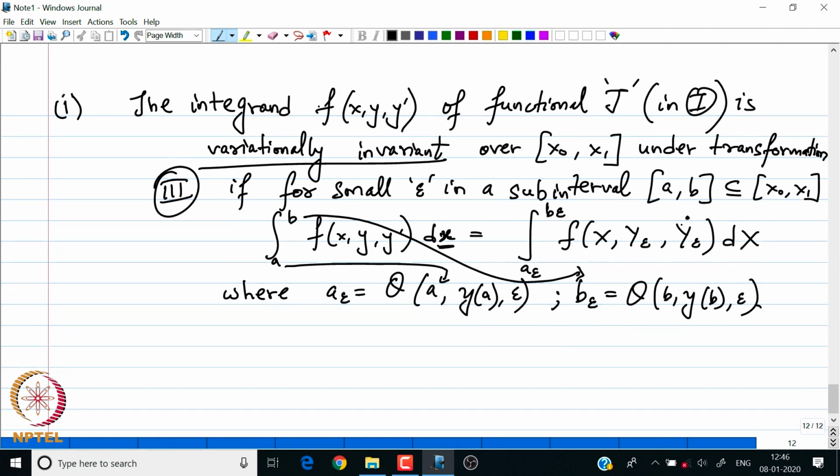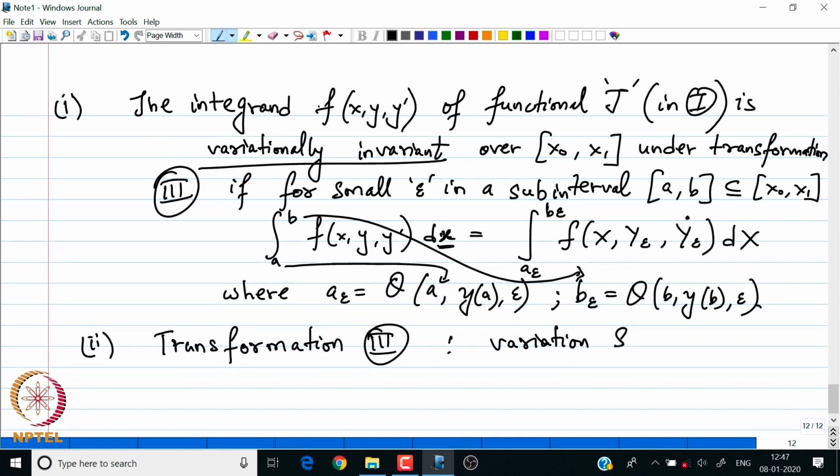So, the integrand is variationally invariant. And the second statement says that if the integrand is variationally invariant, then the transformation 3 is known as the variational symmetry of J.